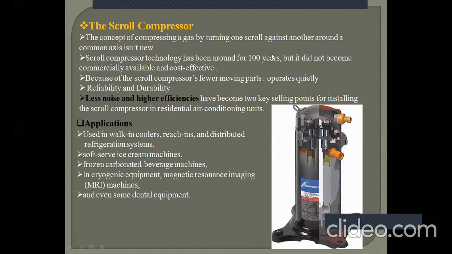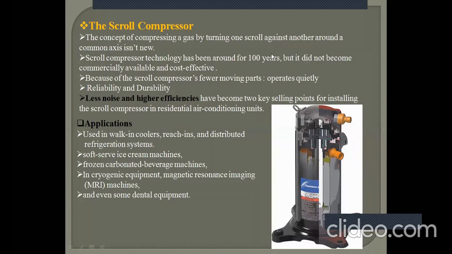They are reliable, durable, quieter, and have higher efficiency. This is also an important feature of this compressor, and that's why they are gaining popularity and replacing the hermetically sealed reciprocating compressors in residential and air conditioning applications, meaning small capacity applications.